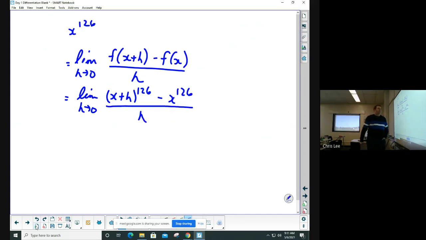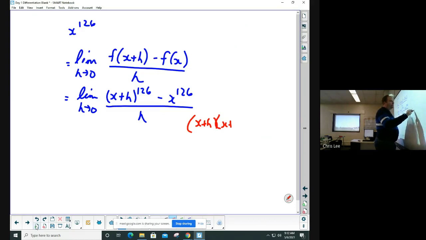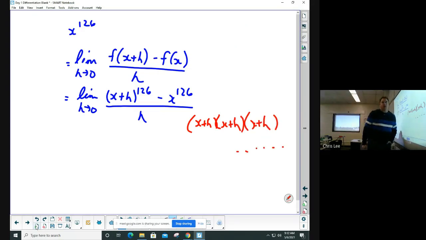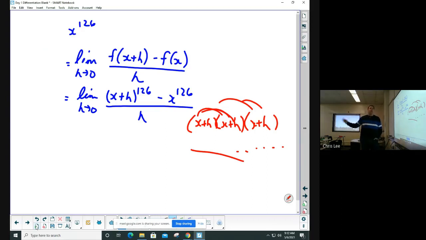What's the next step? Expand. Oh great, we get to expand x plus h, x plus h, x plus h, and we only have 126 more to go. And then you got a rainbow. You can imagine what would happen. It would just be a nightmare. Then you would rainbow that and get it all down, a whole bunch of stuff would cancel, and eventually you get down to 126x to the power of 125.